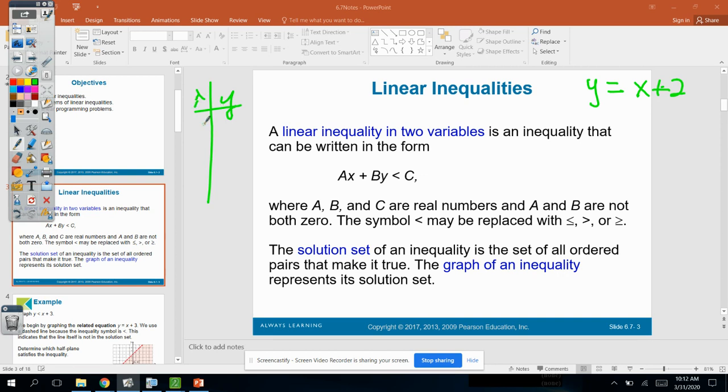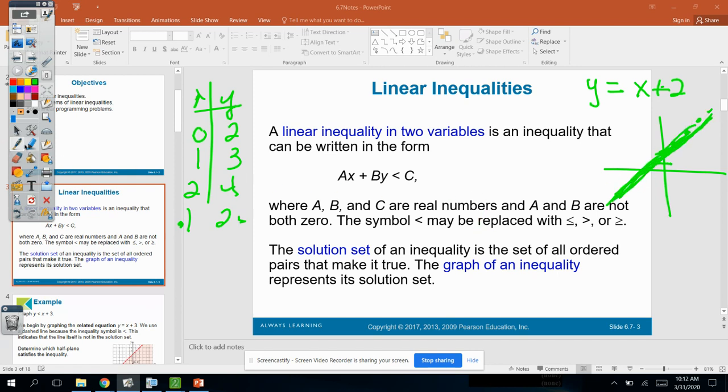You can make a t-table, 0, 2, 1, 3, 2, 4, and we could graph it. It would be a picture of all the answers. Like these are those lattice points, but when you connect the dots, there's all these in-betweeners too, because I could plug in 0.1 and I could get 2.1. So I missed the dots, but all of these are the answers.